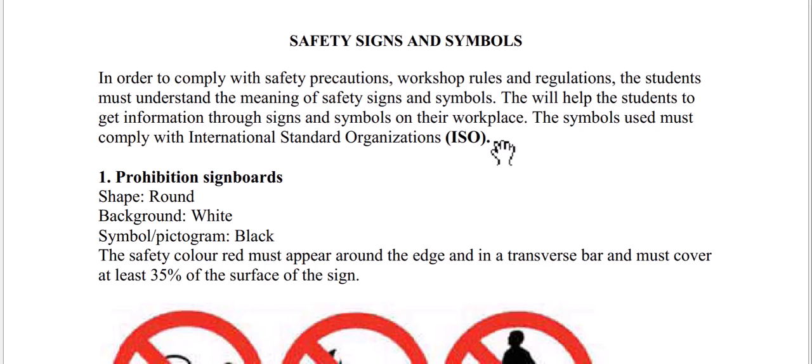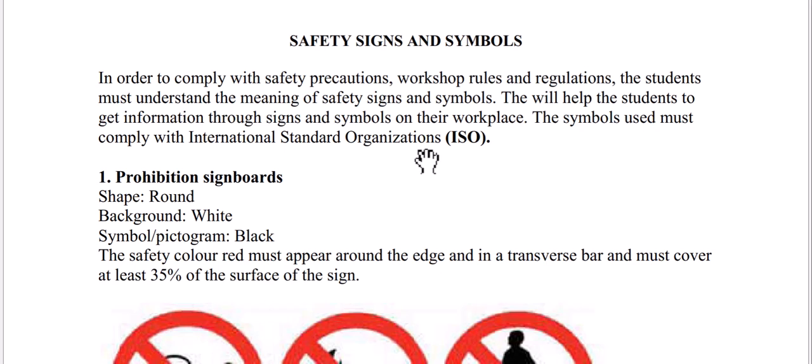We have categories of symbols and design which are mostly applied in the workshops, in the factories, in industries. And these categories have been listed here. So I will go from one to another, telling what this symbol means, and some issues to observe in the symbol.